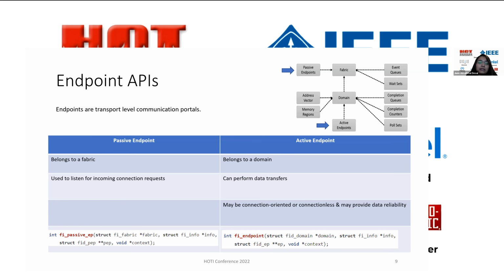Active endpoints can be connectionless or connection oriented, and they can also provide data reliability services. An active endpoint is created in a disabled state, and it has to be enabled before initiating any data transfer processes. The FI passive EP call is used to open a passive endpoint, and the FI endpoint call is used to open an active endpoint.